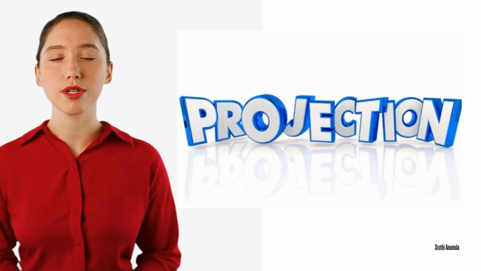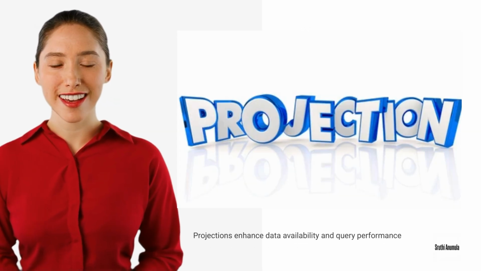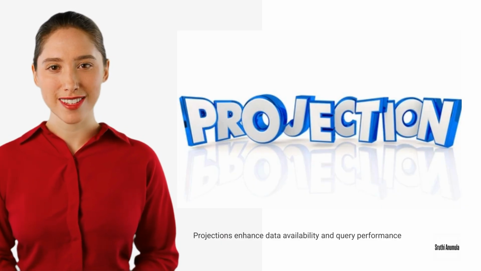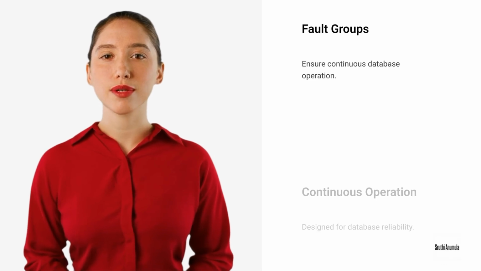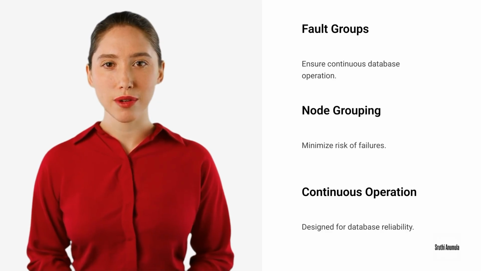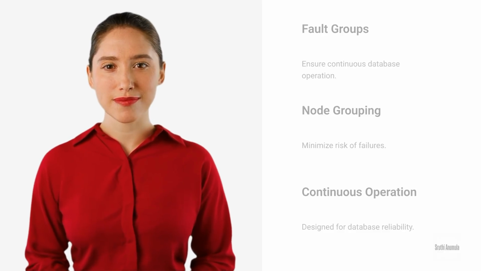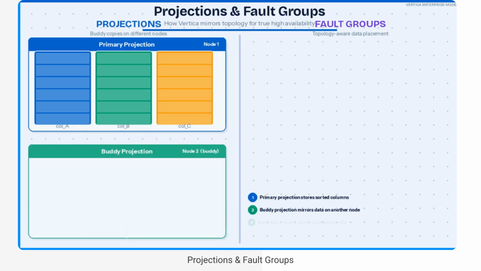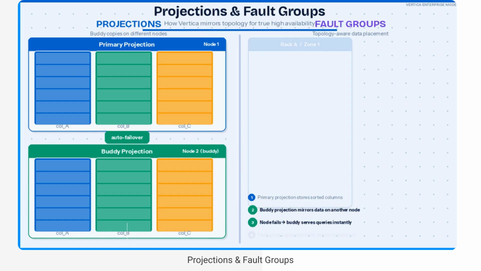Projections play a crucial role in enhancing data availability. They allow for efficient query performance by providing multiple data access paths. Fault groups are designed to ensure continuous database operation. By grouping nodes, we minimize the risk of simultaneous failures. Buddy projections keep duplicate column data on different nodes, so failover is instant and zero downtime.